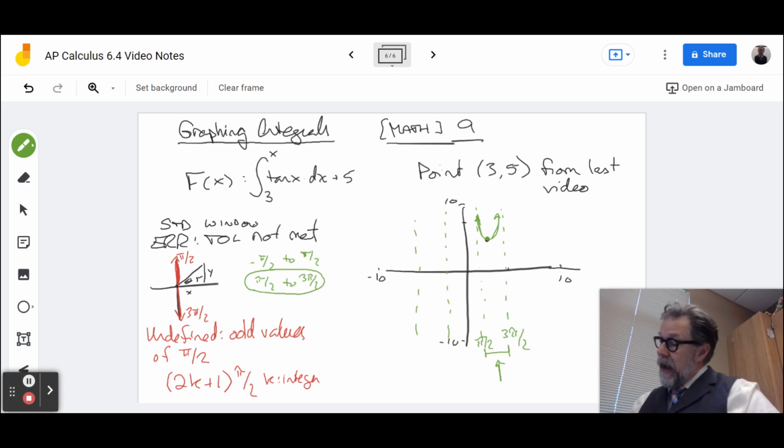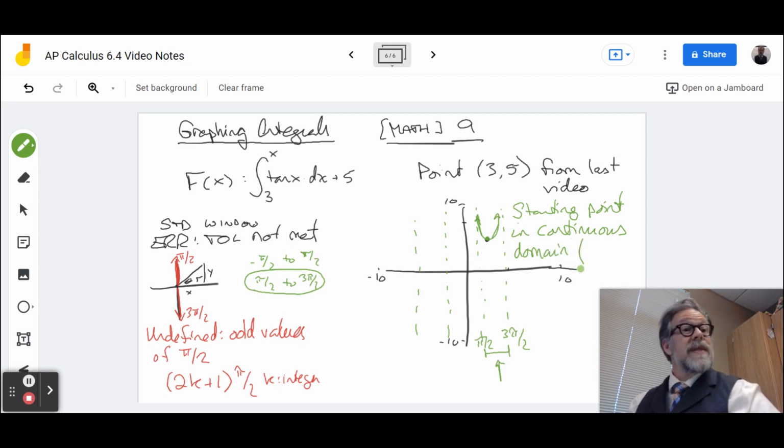So what we have now is a starting point in the continuous domain, and if we approximate it, 1.57 to 4.71, that's pretty close.